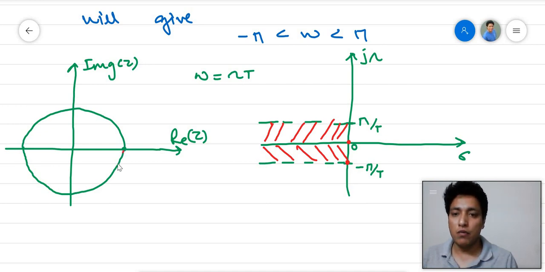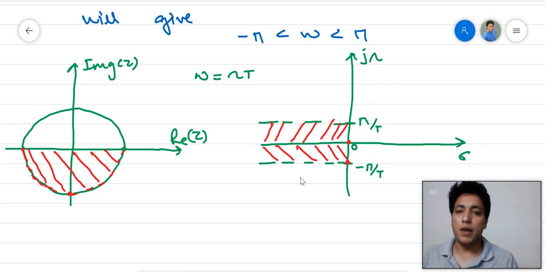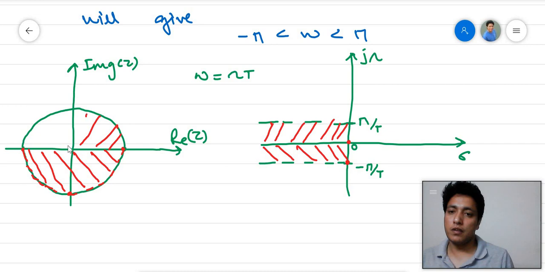That means it will go from this point, minus pi by 2, and then this is the minus pi point. So we mark the whole part covering from 0 to minus pi by 2. Now if we start from 0 again and move towards pi by T, omega equals pi. That means we go to pi by 2 first and then towards pi. So the shaded region will be marked like this.